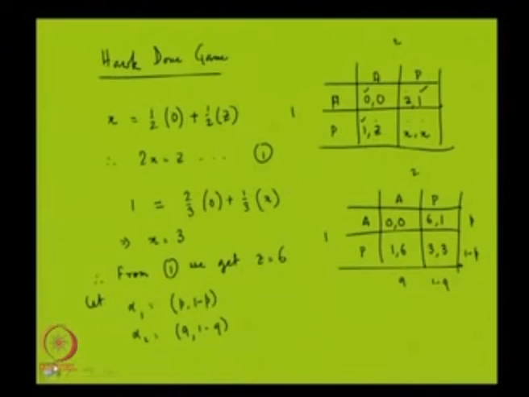Now, the expected payoff to player 1 from action aggressive is given by: if he plays aggressive, from this he gets nothing, from this he gets (1 minus Q) multiplied by 6.